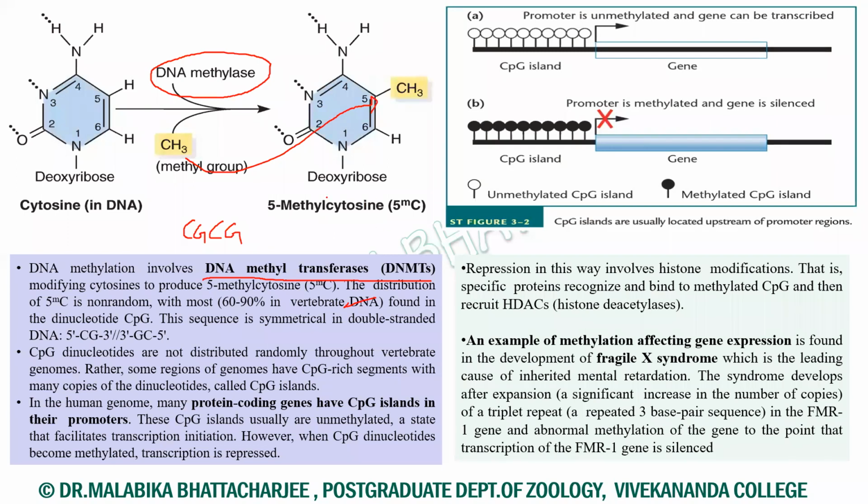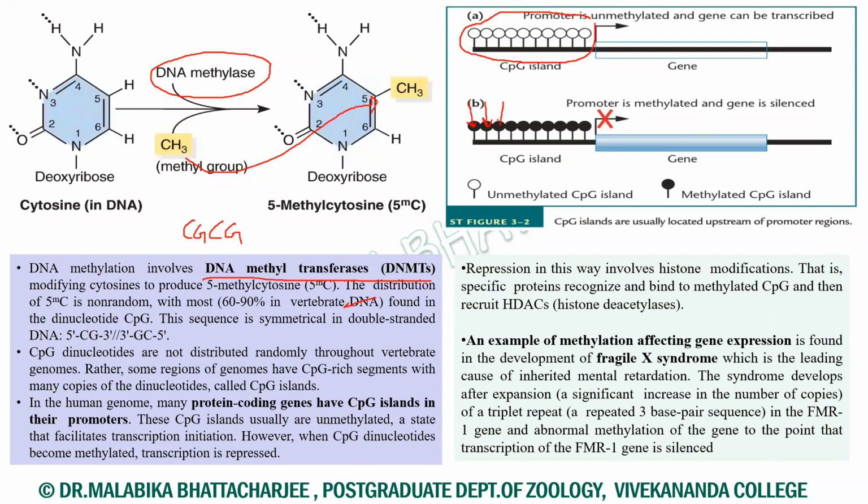So look at this picture. See, this is a gene, and this is the promoter element. Interestingly, this promoter element has a CpG island. What happens? DNA methyltransferase is methylating the cytosine molecules.